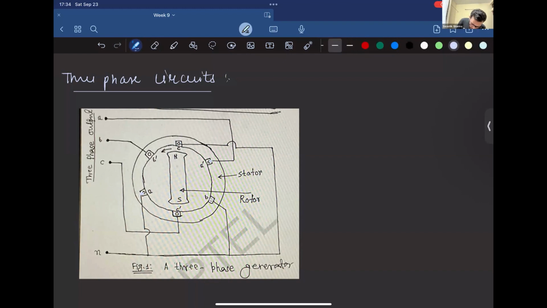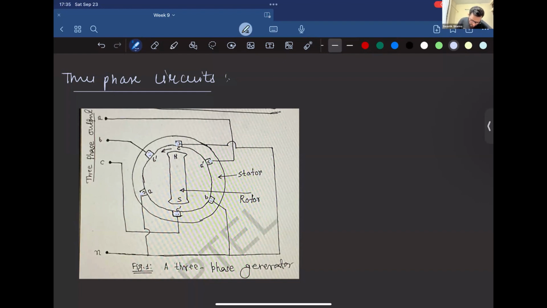Similarly for B, output is taken from B dash and it's connected to the neutral, and similarly C dash and C. As you can see, all of them are displaced by an angle of 120 degrees. So when the rotor rotates, the conductors at the stator side cut the magnetic field lines, and there is a generation of EMF.